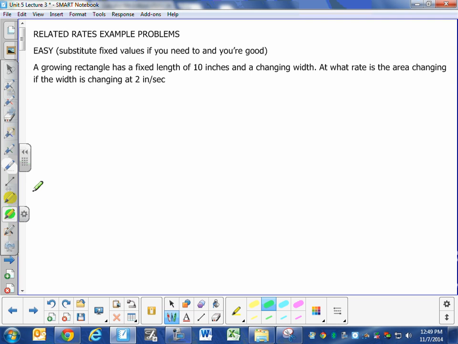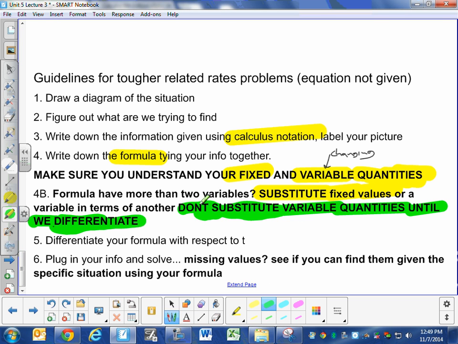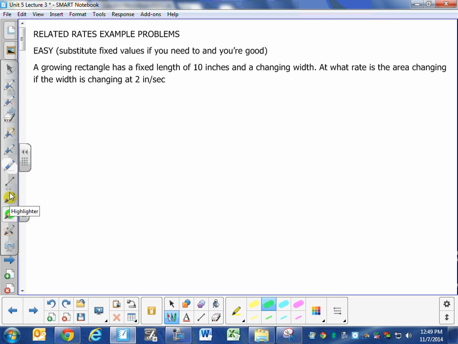I'm going to show you both ways. And I'm going to show you why I put this in bold and why I highlighted this, because it's going to make this problem easier one way than the other way, which should be a little bit more complicated. So we have a rectangle that's growing.